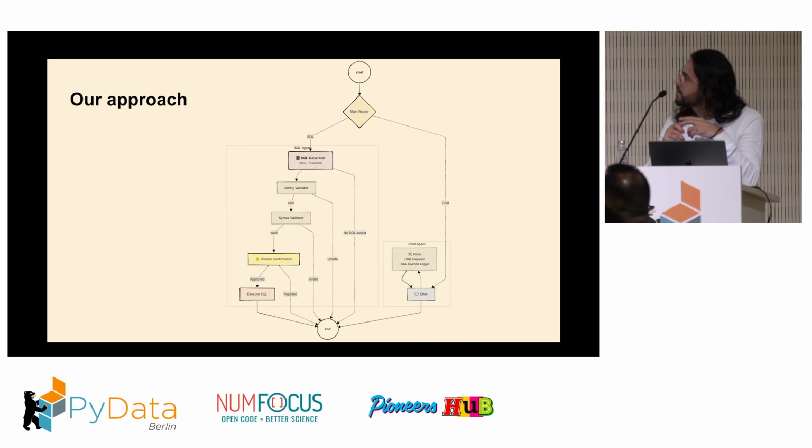In case it passes, it goes to the human in the loop step, so it shows the code to the user, a small explanation, and has a button to ask, okay, do you want to run it, yes or no? So that's the stage we are at right now, and they can execute it if needed. But so far, we are still relying on the engineers to make sure it's good.